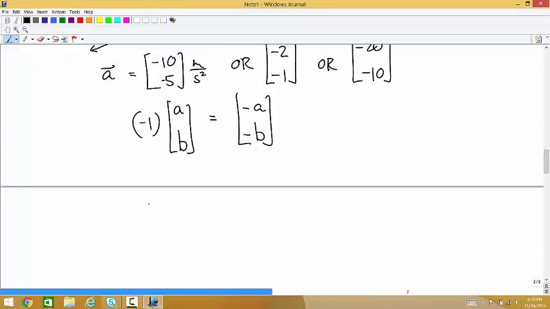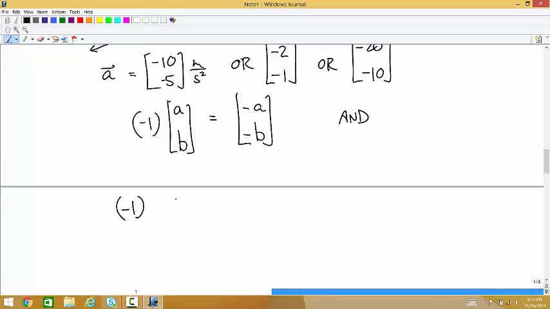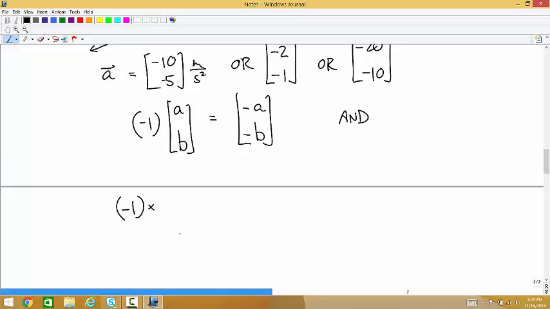So negative 1 times a vector like this is the opposite. So those two things together are why you have to make both of the two components negative. Any other questions about that one?